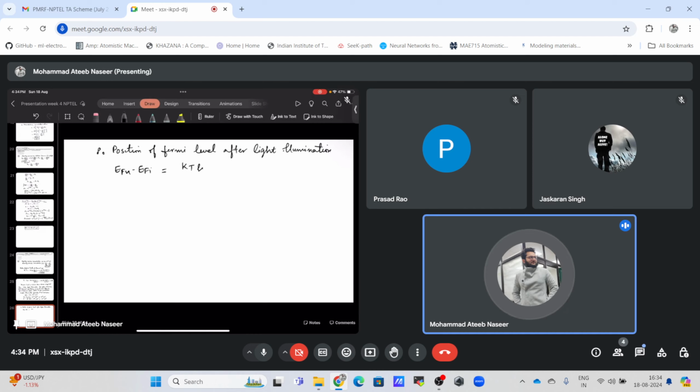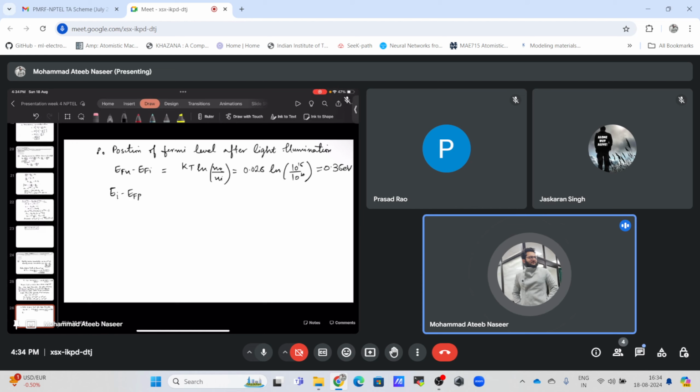It is kT ln of n naught by ni, and it is 0.026 ln of 10 to the power of 16 by 10 to the power of 10, the same number we got, 0.36 electron volts.